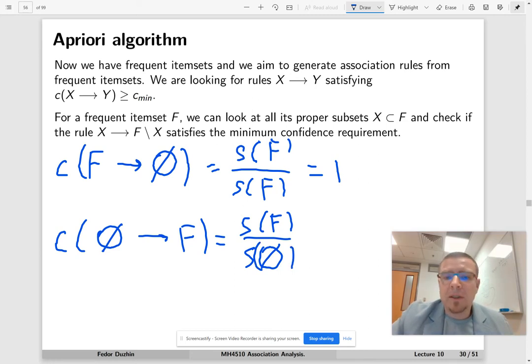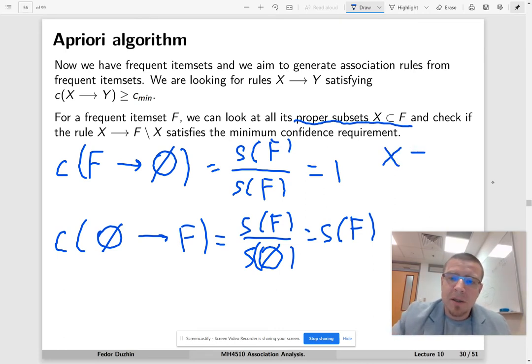The support of the empty set is 1, so this is the support of F. Now it makes sense to include these in our analysis. That is why we require X to be a proper subset, which means that X is not F, but X could be the empty set.